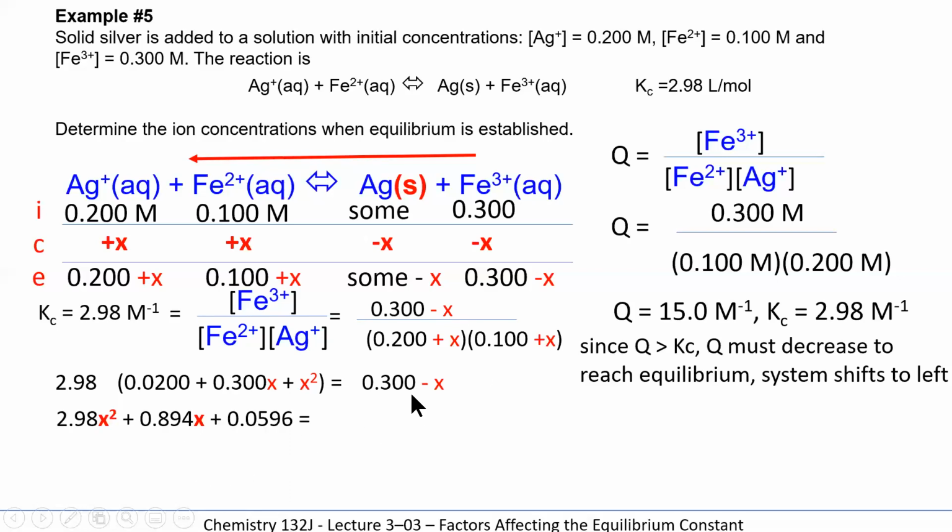So we can bring everything to one side to make it equal to 0 by subtracting 0.3 from each side and adding X to each side. So when we add 1X to 0.894, we get 1.894X. Similarly, we're going to subtract 0.3 from this quantity, and we get 0.2404.